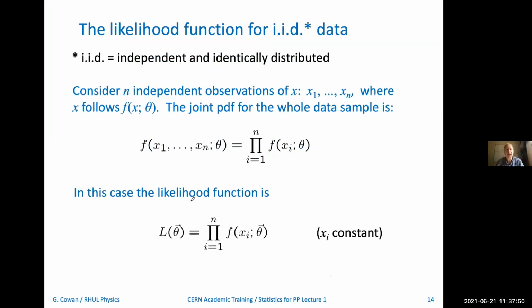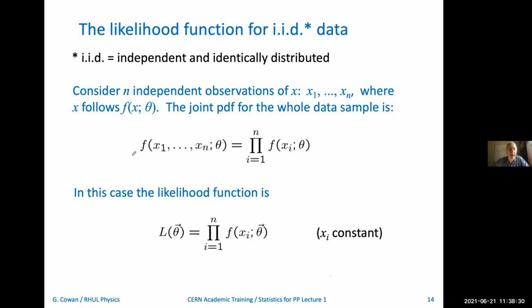Now there's a special case that I want to mention, and that is the likelihood function for what is called an IID data sample. IID stands for independent and identically distributed. So let's suppose that we have n independent observations of some quantity x, so x1 through xn. And let me suppose that this random variable x follows some probability density function, PDF, f of x, and that depends on some parameter theta. I observe this entire sample of x values, and they're all independent.